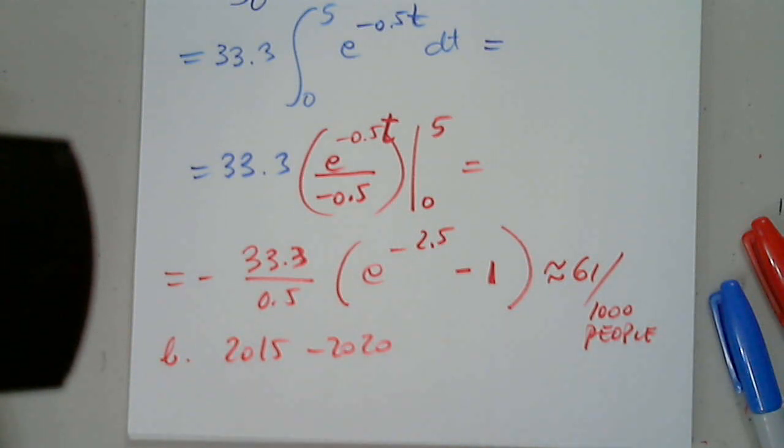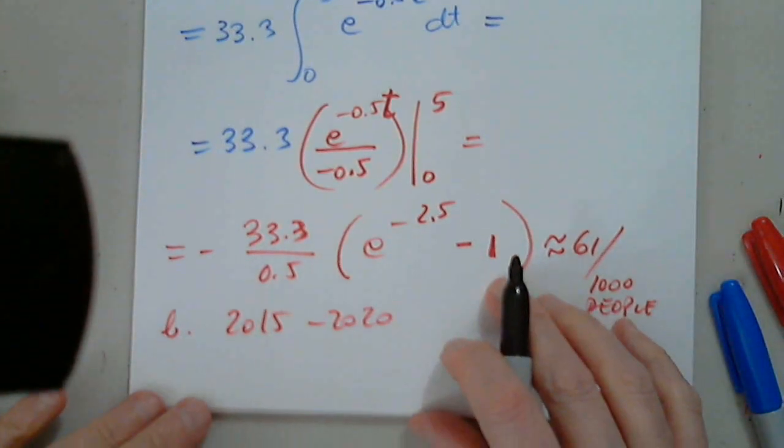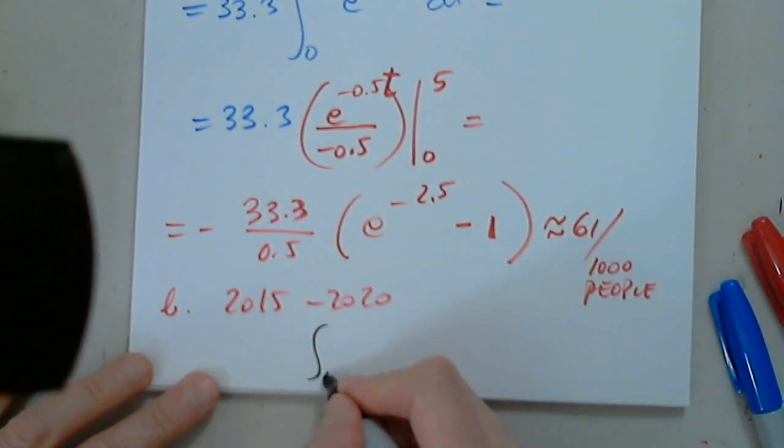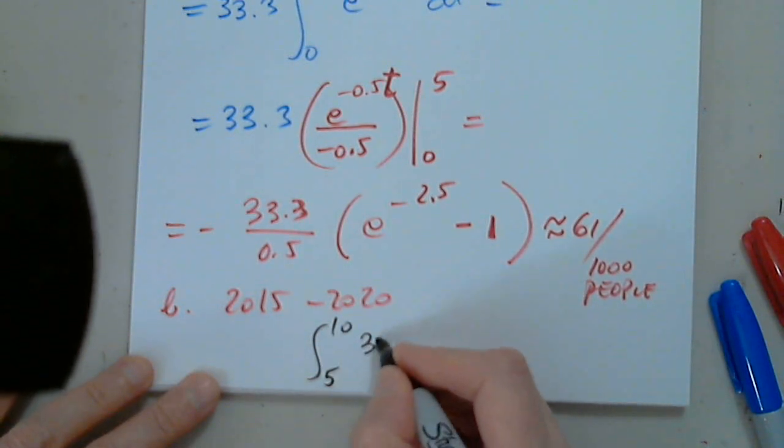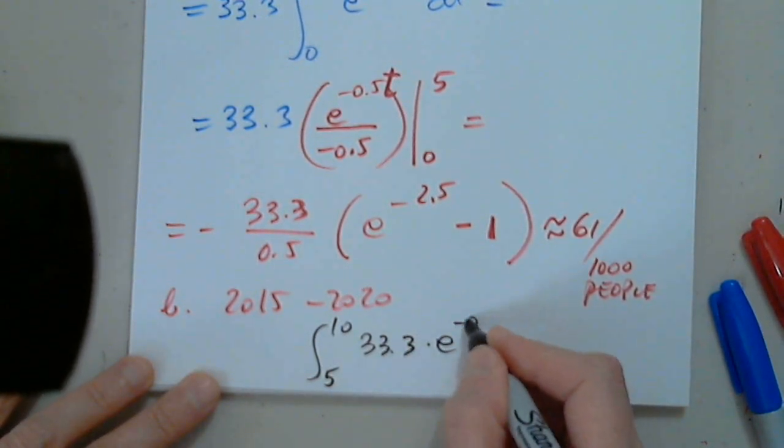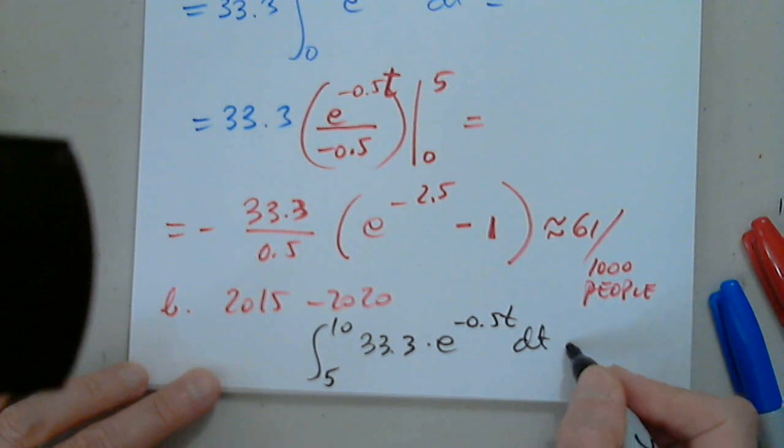Would you tell me how would you determine that? Anyone? With the interval from 5 to 10, from 33.3 e to negative 0.5 t dt.